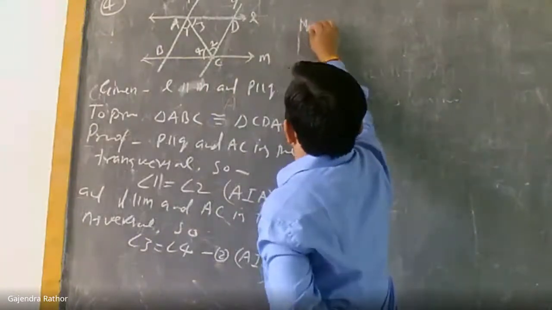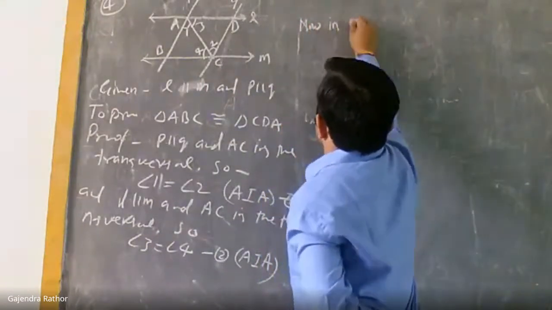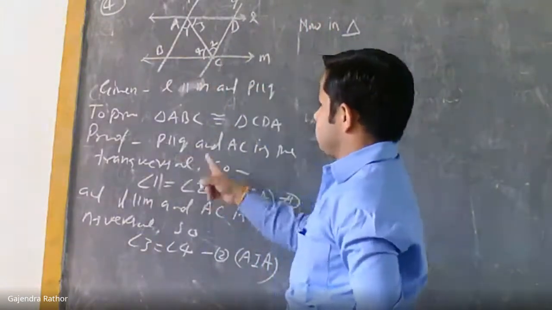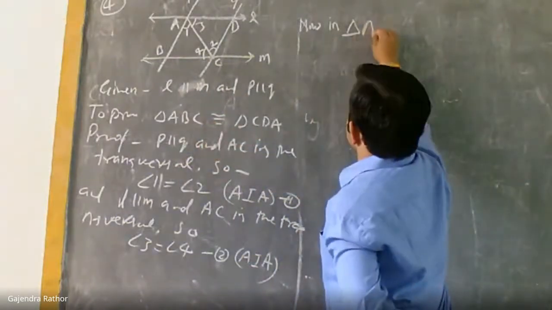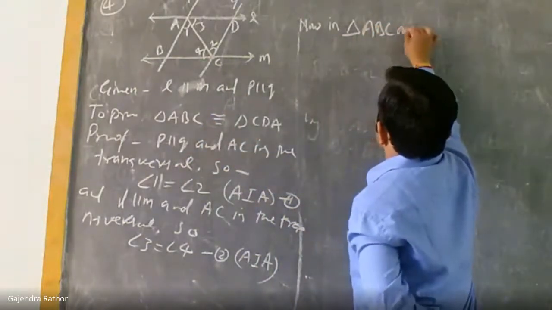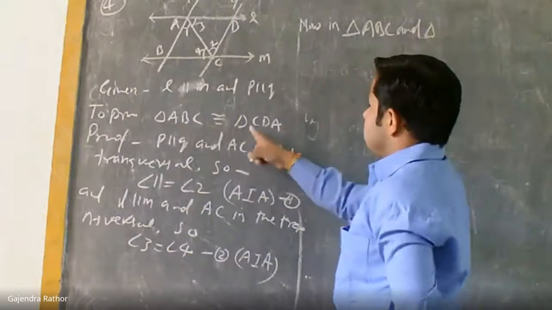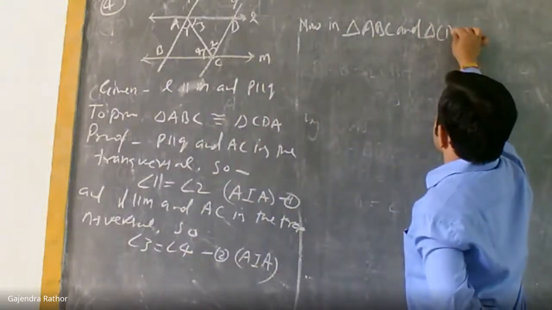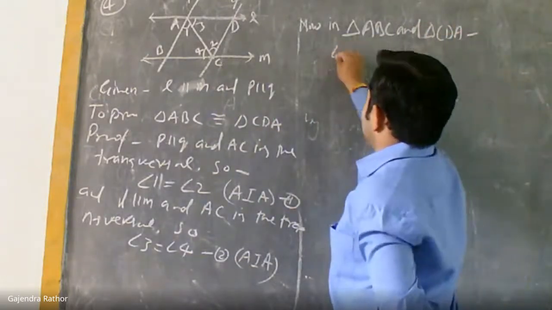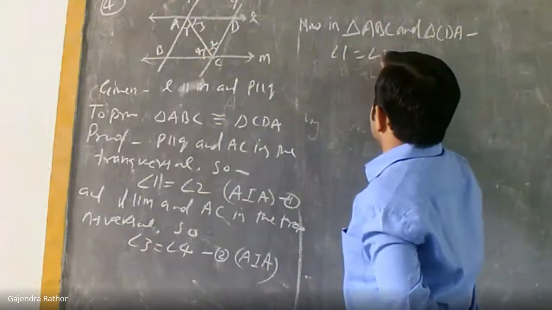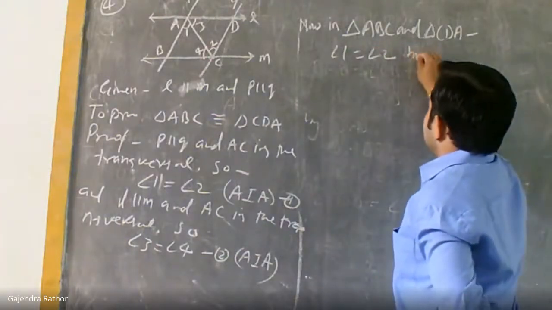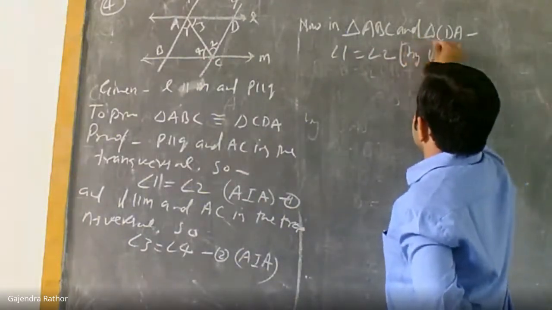So now, in triangle ABC and triangle CDA, first angle 1 is equal to angle 2 by equation 1.